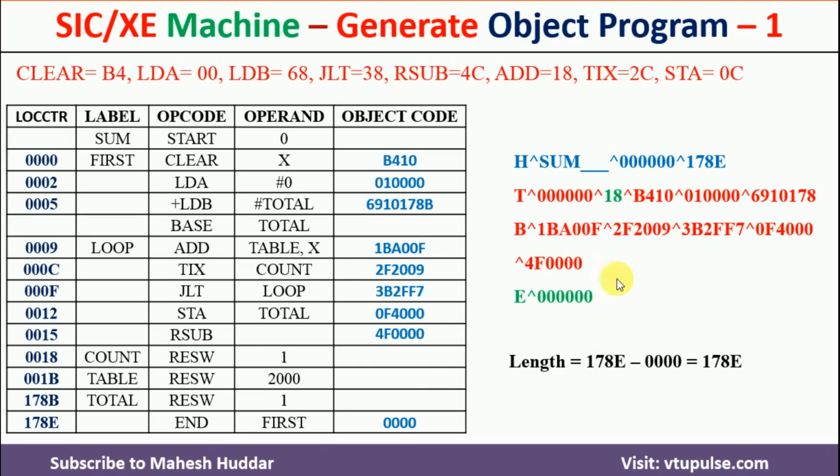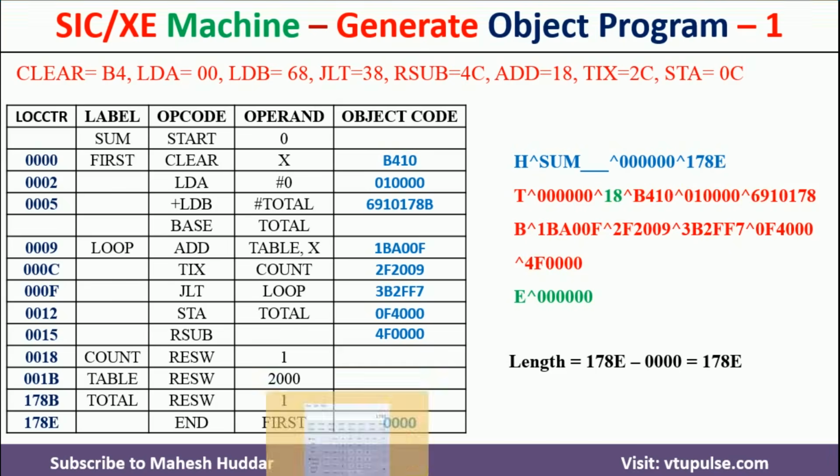So totally 48 columns are there for this object code. 2 columns is equivalent to 1 byte. The meaning of this is that 48 columns is equivalent to 24 bytes in this case.